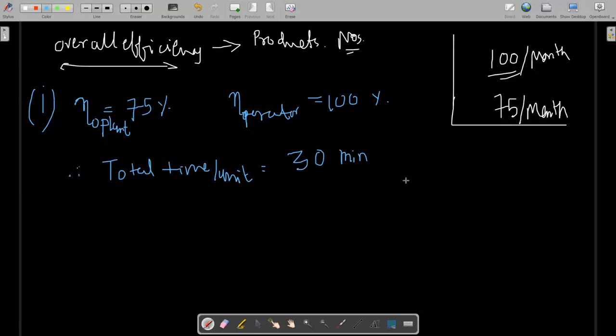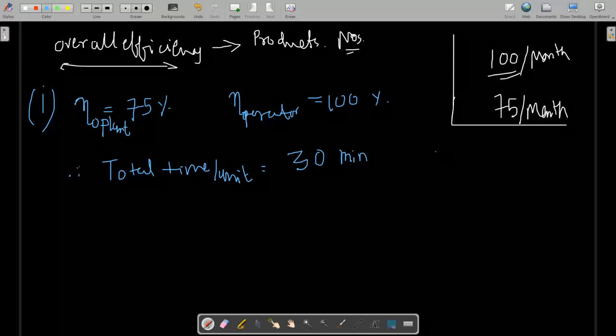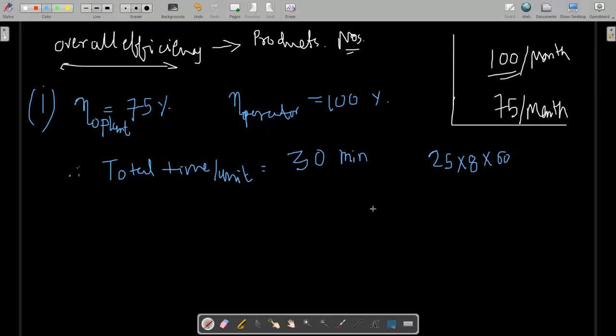So in one month, how many minutes is the plant running? In one month there are 25 working days, 8 is the number of working hours, and in 1 hour there are 60 minutes. Just by using proportion, in 30 minutes there is one unit.